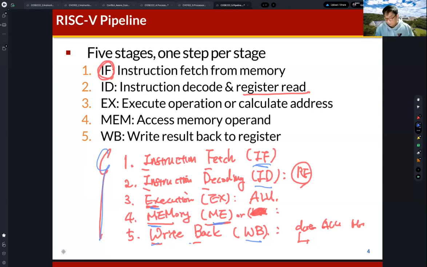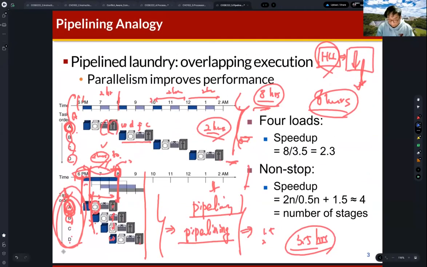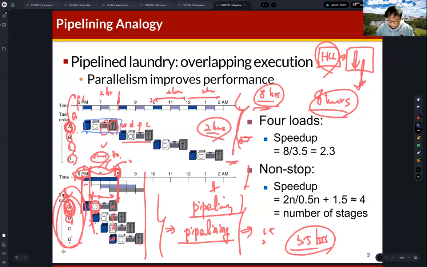In the pipelining analogy for a laundry process, this laundry process is composed of 4 steps, right? So each step can be divided into a pipelining stage.